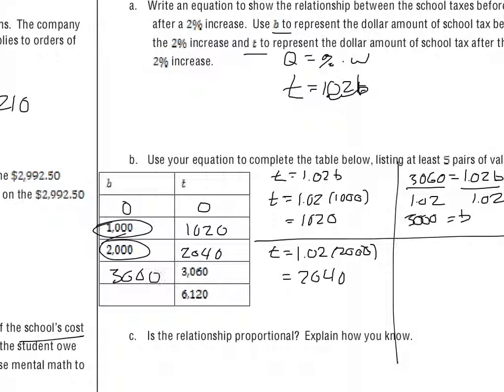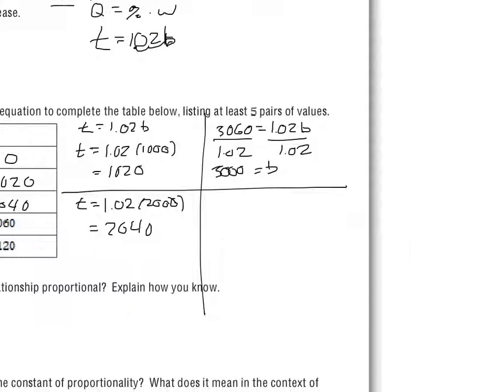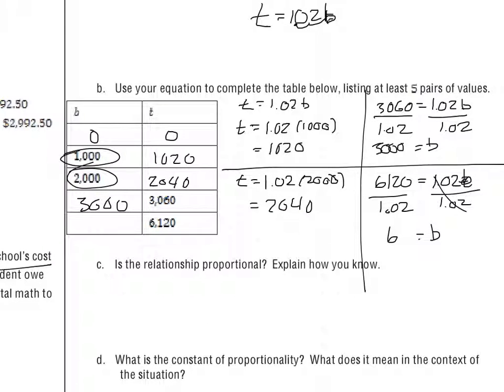And the next one is 6,120. Again, that's going in for T, so 6,120 is equal to 1.02 times B. Divide both sides by 1.02. And we're going to be able to calculate this out: B is equal to 6,000.